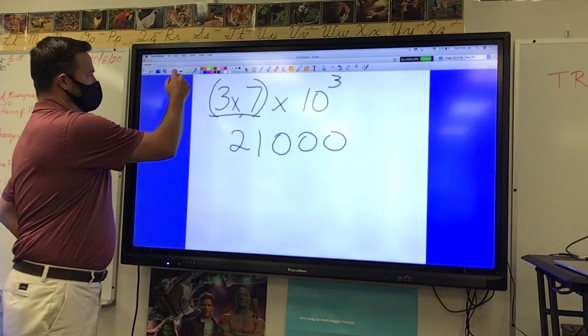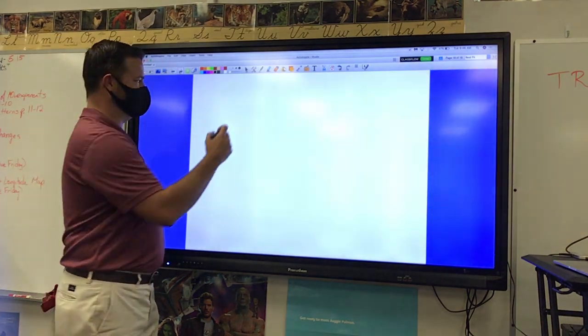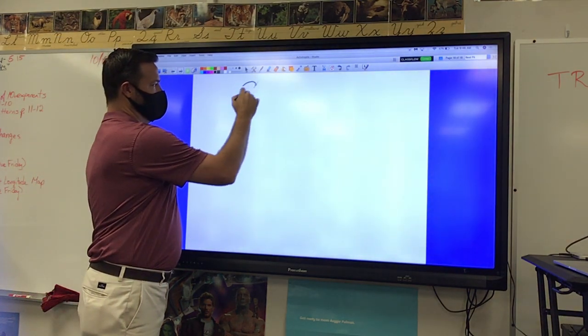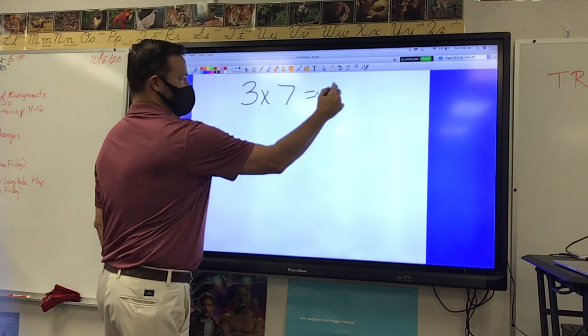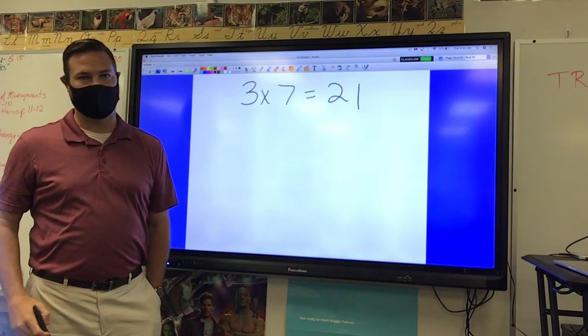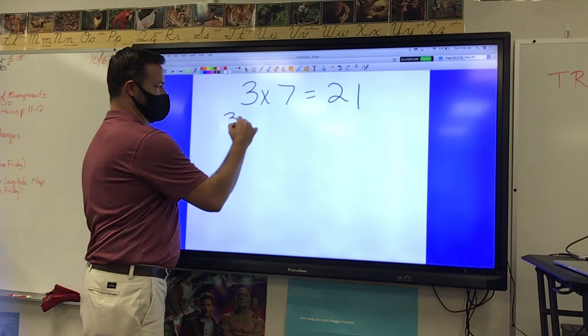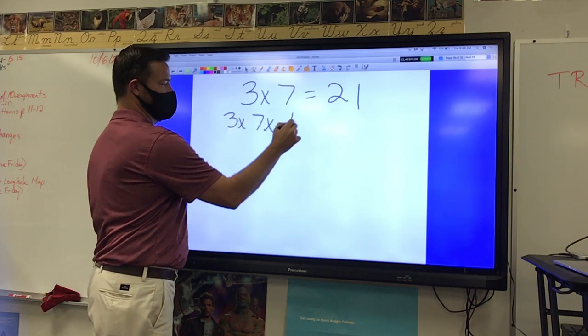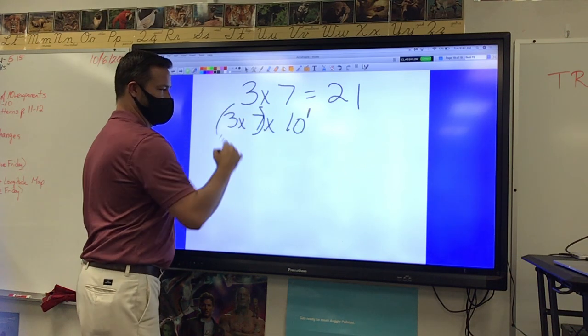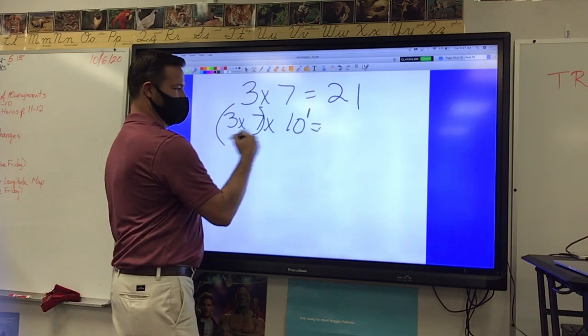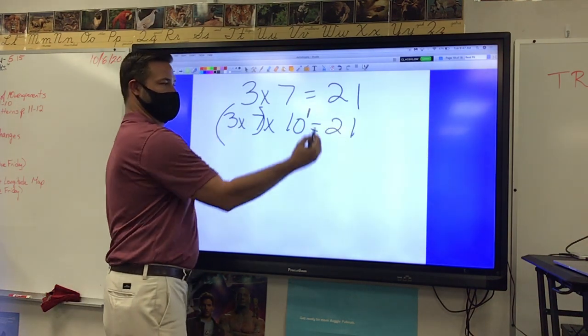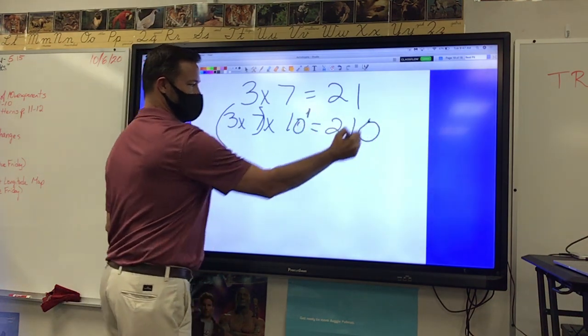A lot of times they do it as a pattern. Let me give you an example. Sometimes they'll do 3 times 7 equals 21, right? And then they'll do, okay, well, let's do 3 times 7 times 10 to the 1st. Well, again, that means 3 times 7 is 21 with 1 zero.